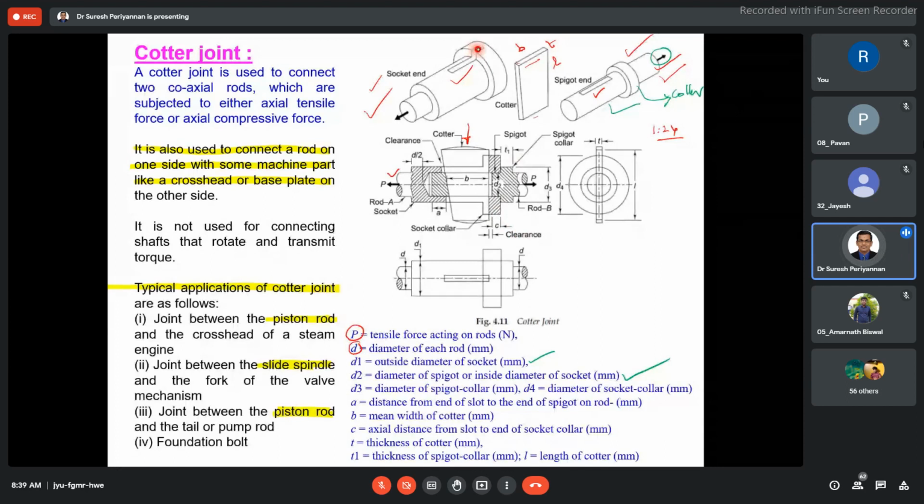Here you can see this region. That is nothing but the axial distance from the slot end to the socket collar, here to here. That is C.